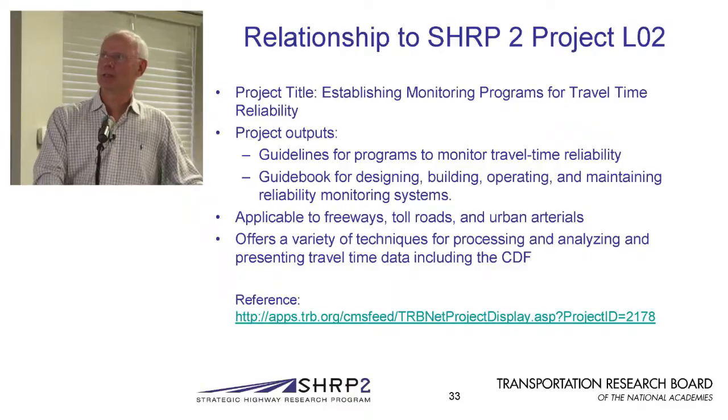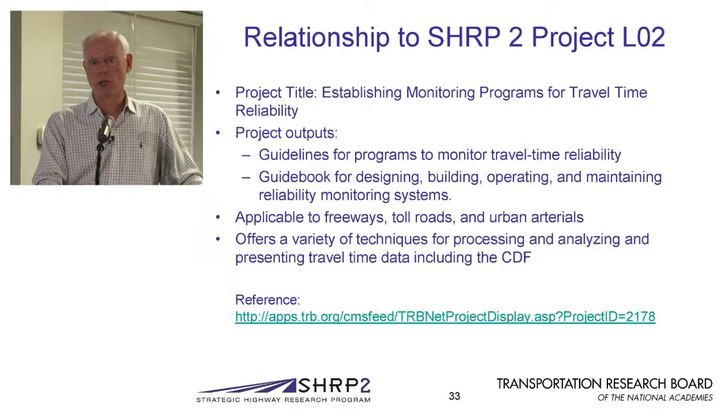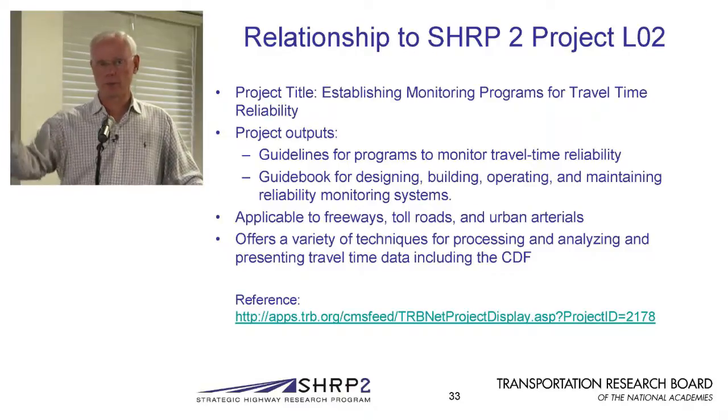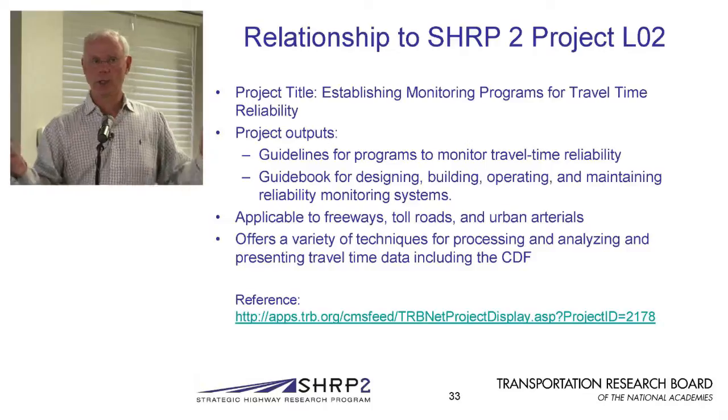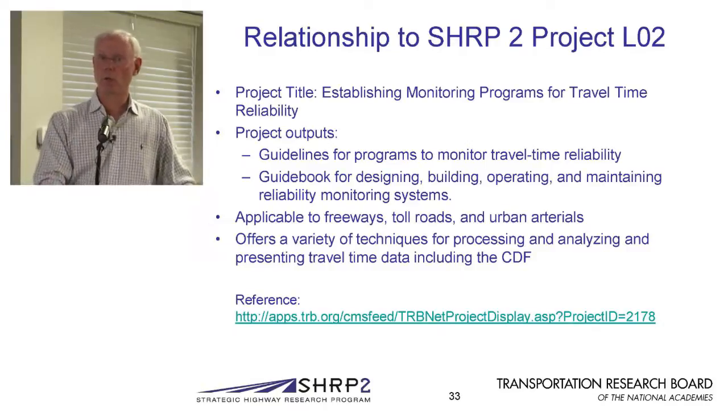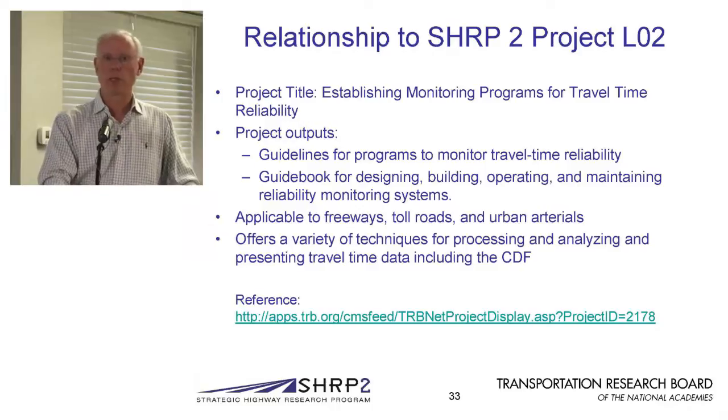This one had the designation L02, and it deals with all the issues associated with establishing programs for monitoring travel time reliability, and plotting those diagrams that we just saw and seeing how reliable your transportation system is. So again, if you want to dig into that, it's an excellent resource.